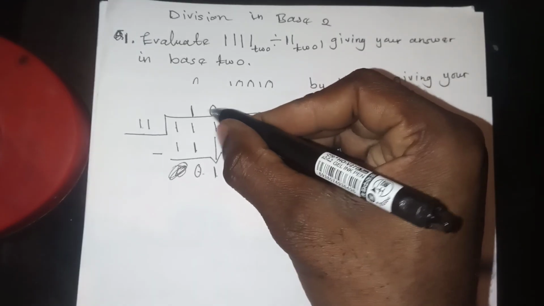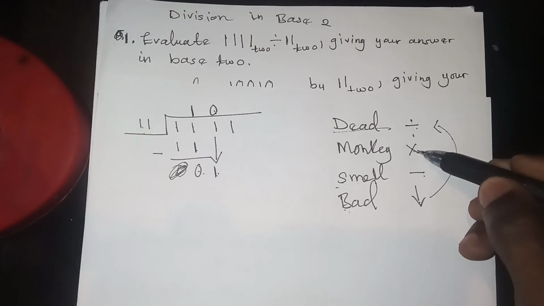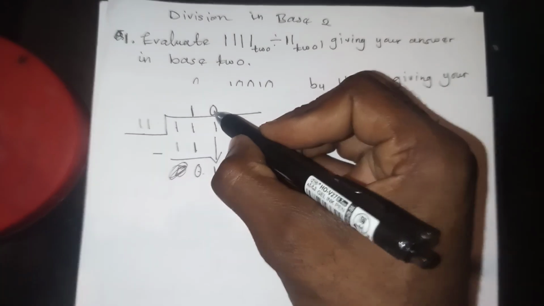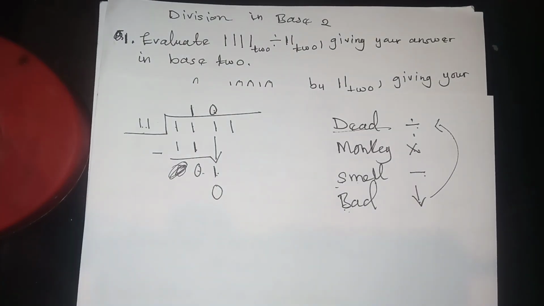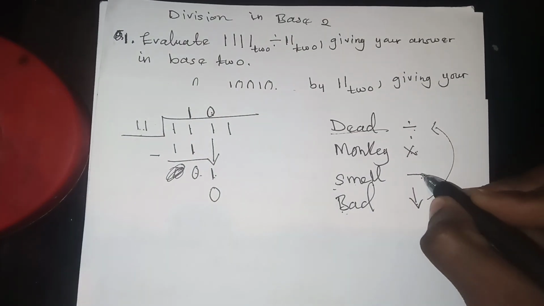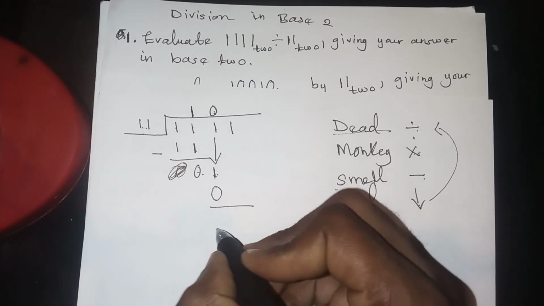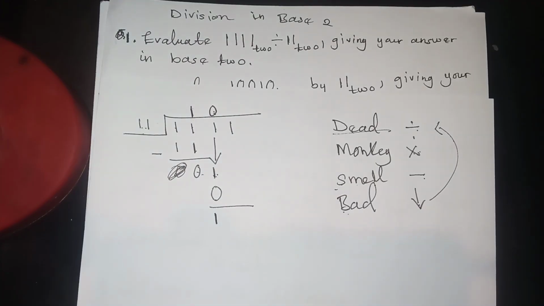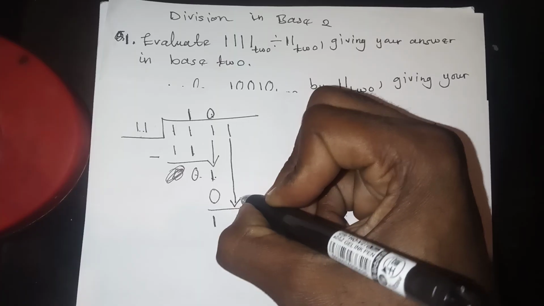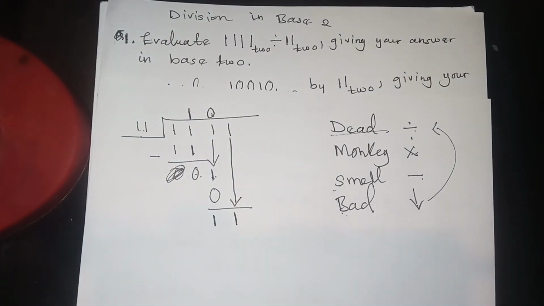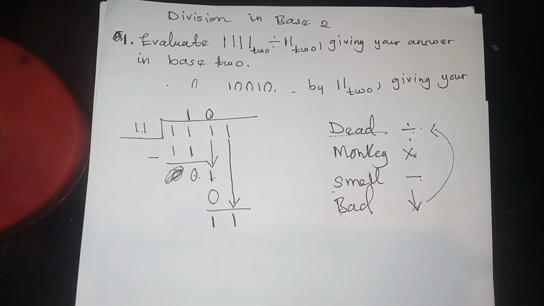After dividing this by this, we have a 0. The next operation is multiplication. So this multiplied by that, you have a 0. And then after multiplication, you move on to subtraction. So 1 minus 0, you have a 1. And then after subtraction, you can bring this number down. You have an 11. And then after bringing the number down, you restart the process.